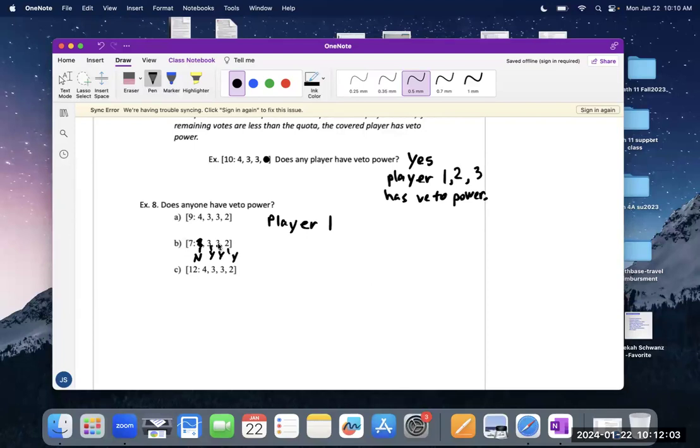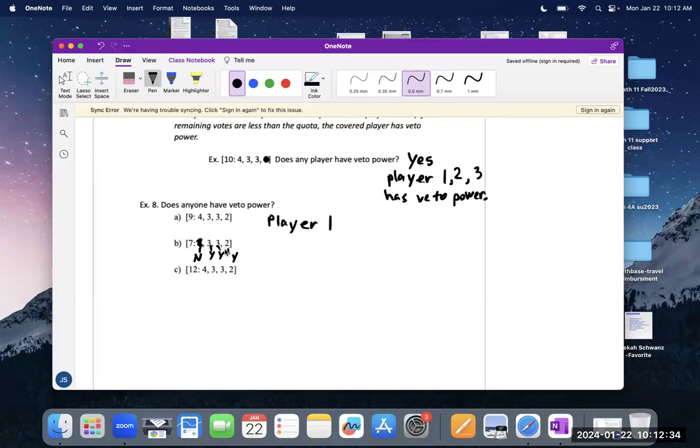So if we took away a smaller number, the way I think about it is, the worst case scenario is the highest weighted person votes against you. Does the rest of the small people have enough to pass?